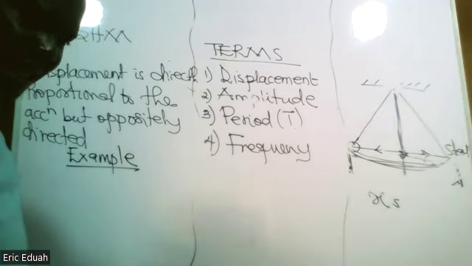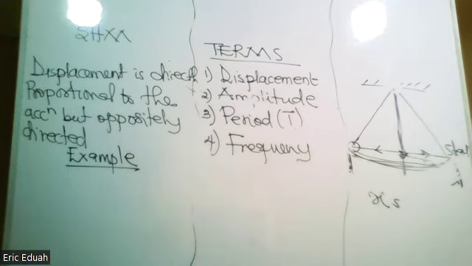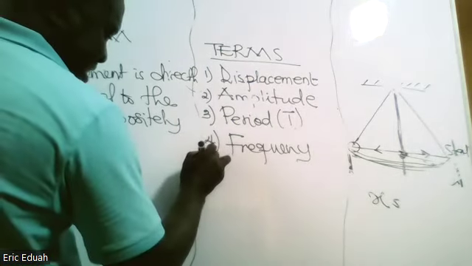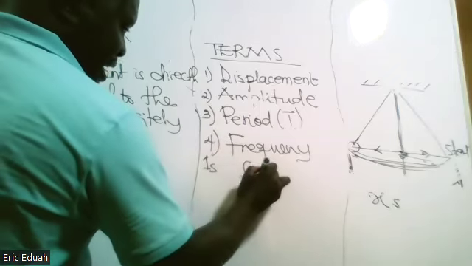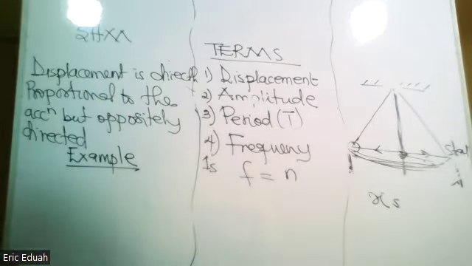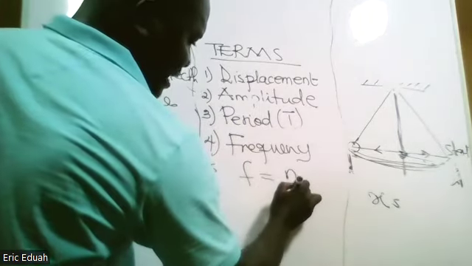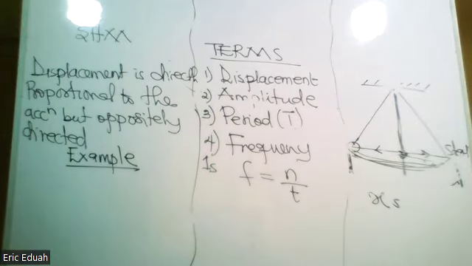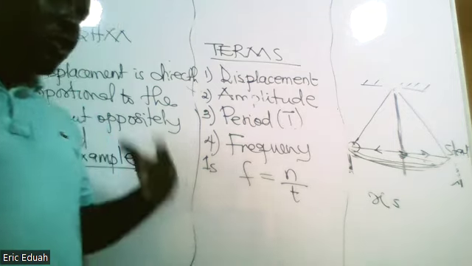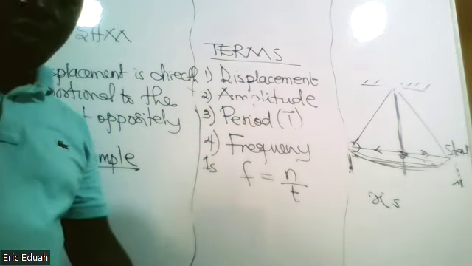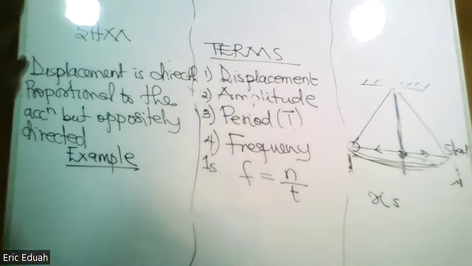But this particular time is often pegged at 1 second. Actually, frequency is equal to the number of complete cycles divided by time. But we often peg this time at 1 second. So frequency is the number of complete cycles or complete oscillations made within a second.